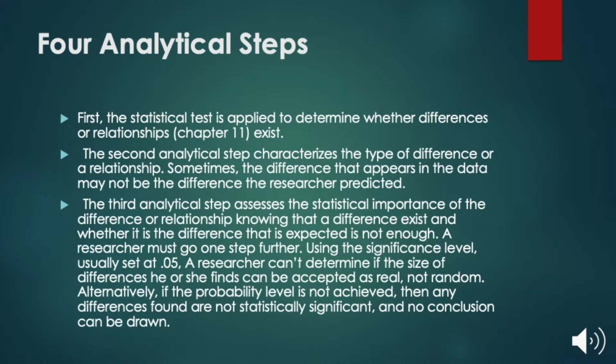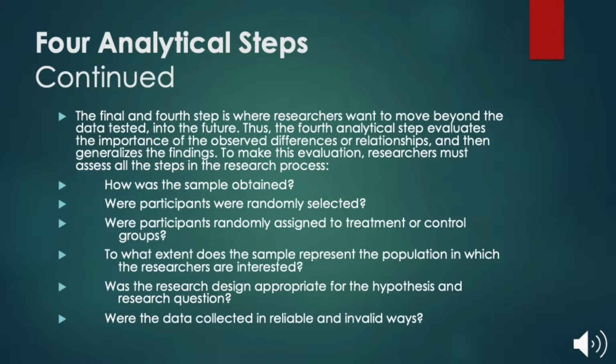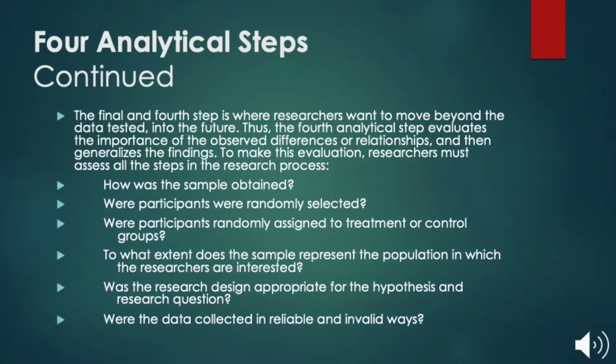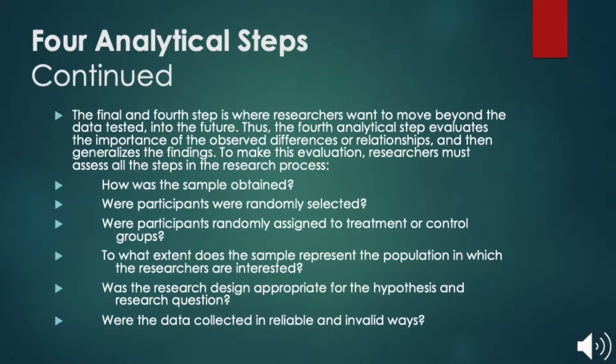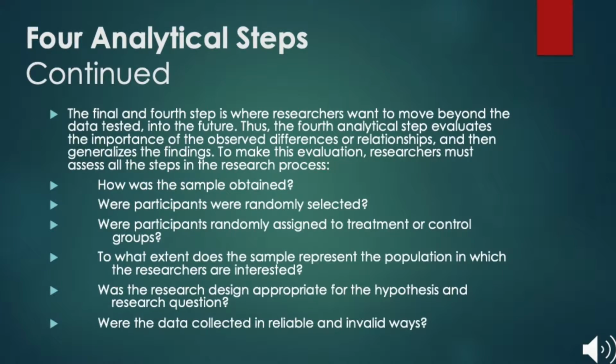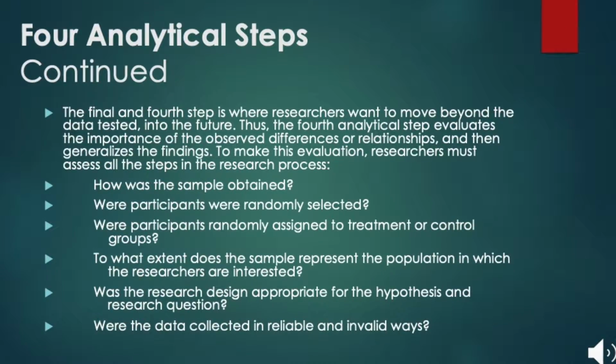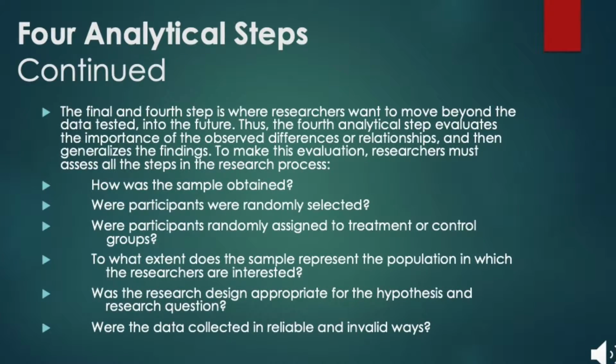The fourth and final step is where researchers want to move beyond the data tested and into the future. Thus, the fourth analytical step evaluates the importance of the observed differences or relationships and then generalizes the findings. To make this evaluation, researchers must assess all the steps in the research process. These steps include: How was the sample obtained?